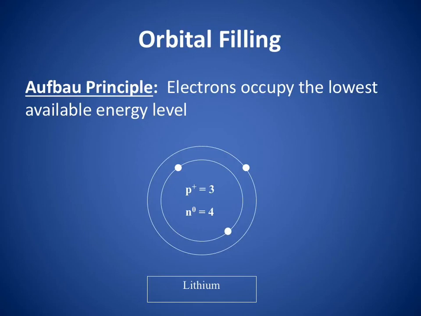Okay? So this is called the Aufbau principle. Electrons occupy the lowest available energy level. They're also going to do the simplest shape first. And it's not until there's no more of that shape available that they move to the more complicated shapes. So the Aufbau principle, they occupy the lowest one first.